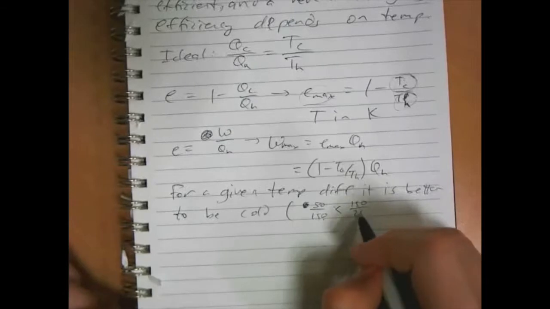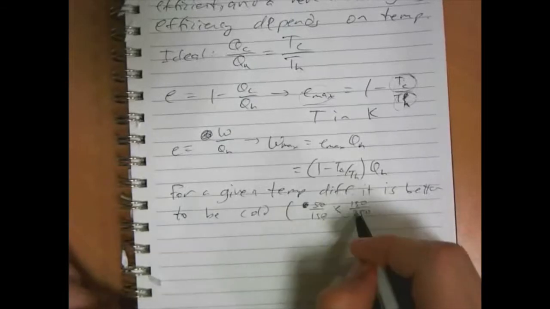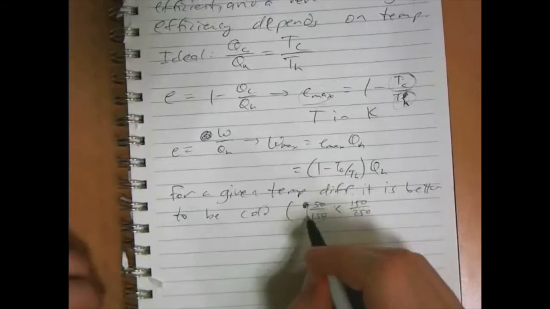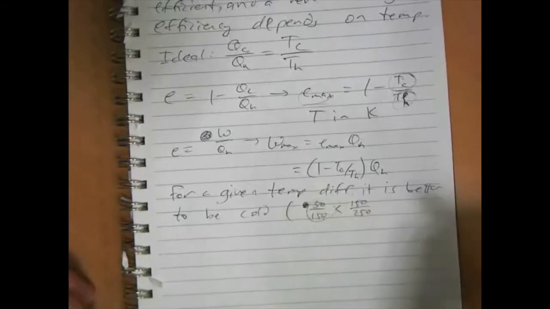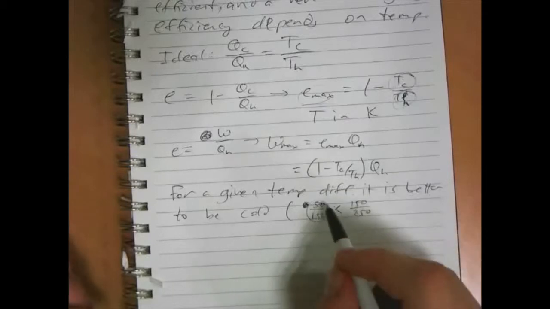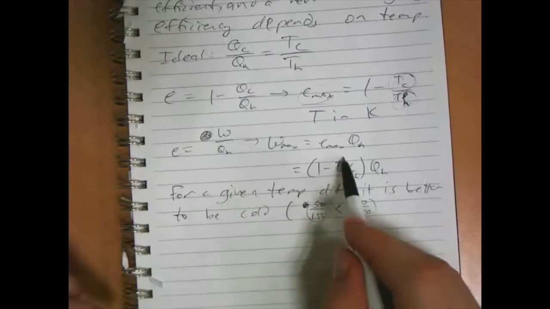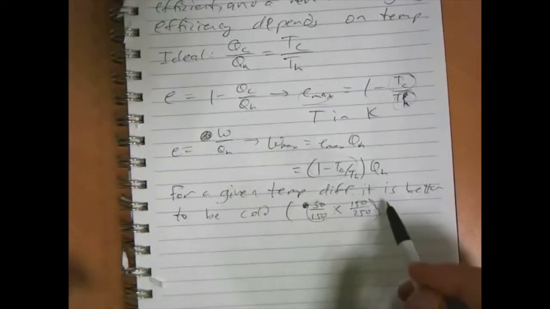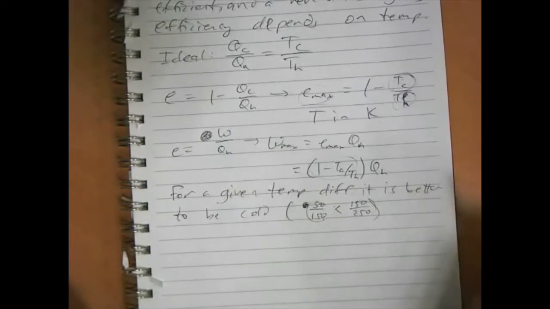Same temperature difference in an absolute sense, but this one is a third, while this one is 15 over 25, which is 3/5. So this one is going to give us a smaller number, which will give us an efficiency closer to 1 than this one. So for a given temperature difference, it's better to have it colder.